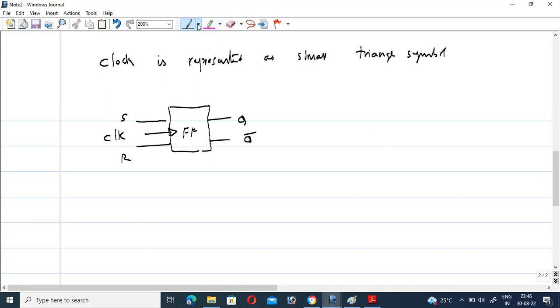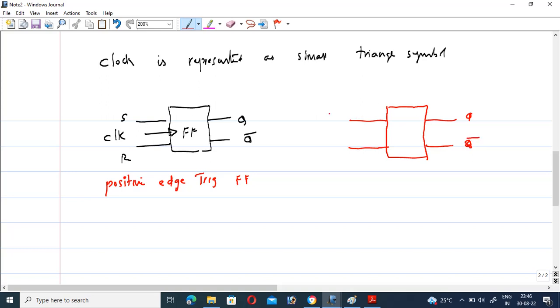Suppose it is a flip-flop with outputs Q and Q bar, inputs S and R, and a clock signal.